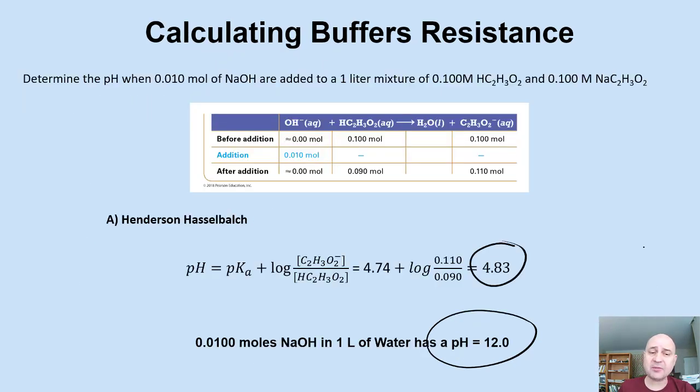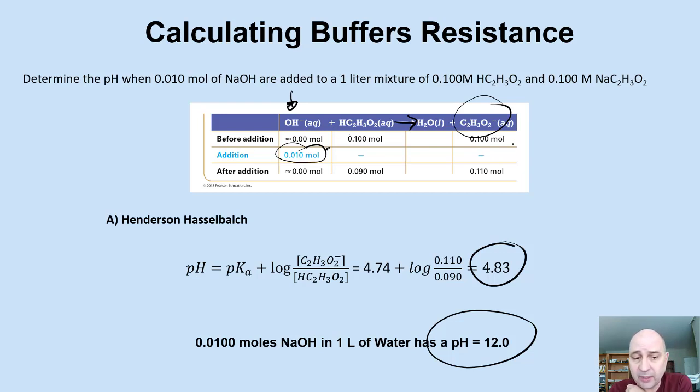Okay, so that's actually really simple, and you can still sort of use an ice table to determine that. If you set up the reaction of the strong base, and there's no equilibrium here, right? Every single molecule reacts with the acid to form the conjugate base, which reduces your weak acid by the exact amount of base added, and increases the amount of conjugate base by that same amount.